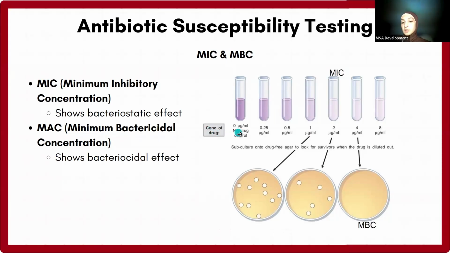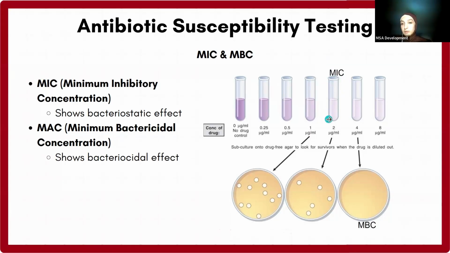So in this one is 0, in this one 0.25, this one is 0.5, this one is 1, 2, 4, 8, and then we determine the MIC. Once that is determined, we determine that 2 micrograms per milliliter is the MIC. At this concentration of the drug, this is the MIC.